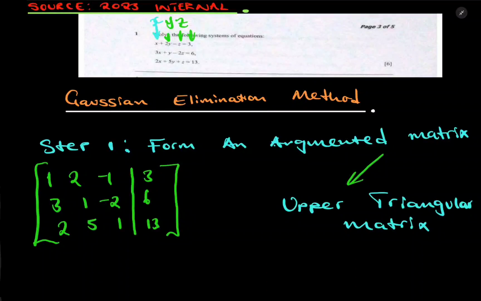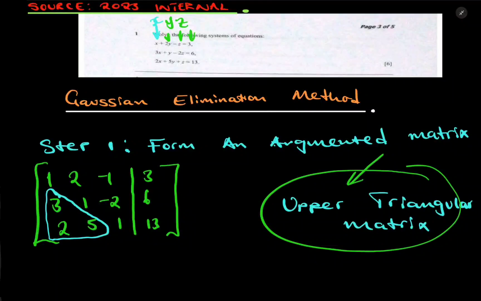By upper triangular matrix, we mean we transform this particular piece of elements into zeros. So every element in this particular triangle must be turned into zeros. So now, how do we do it? I'll show you step by step how to transform each element in this particular piece of the matrix into zero, so that it becomes the upper triangular matrix. Okay, let's do it.